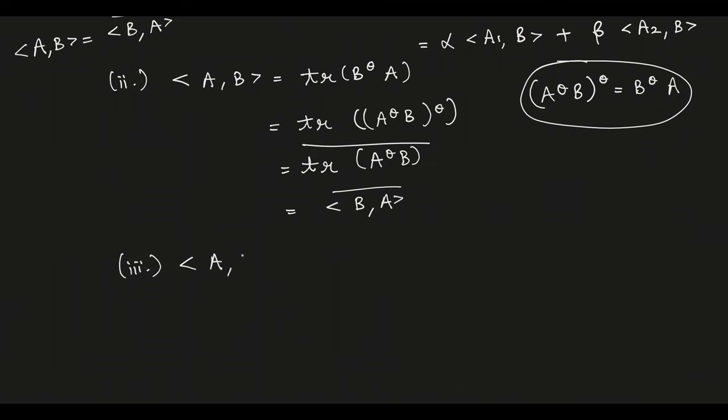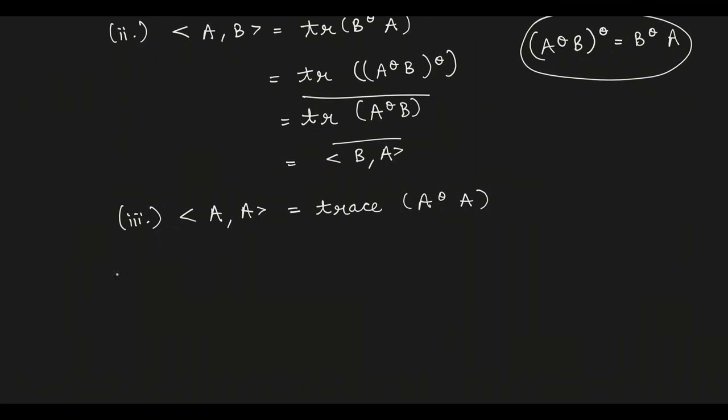Inner product of a comma a is equal to trace of a theta a. So what will be the trace of a theta a? I will take a small example. If matrix is of order 2, what will be a theta?